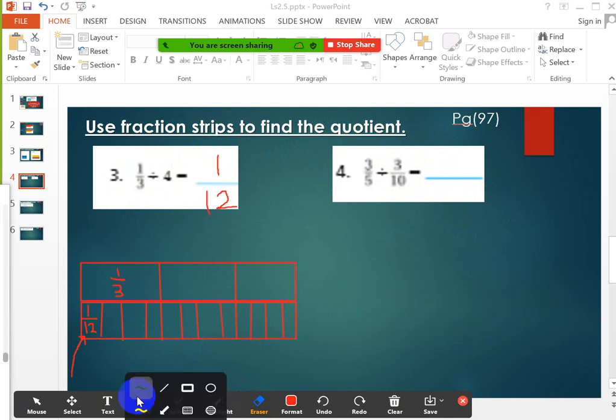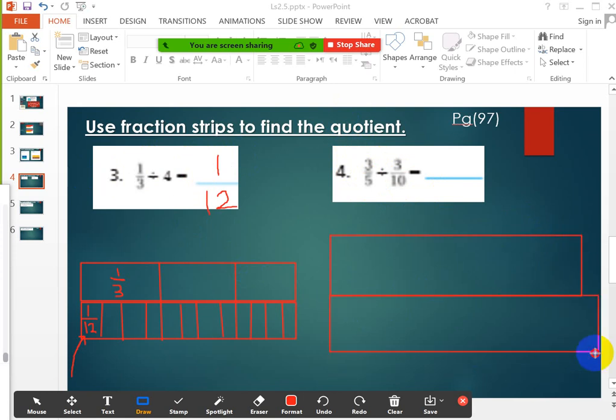Okay, 3 over 5 divided by 3 over 10. Girls, I want you to focus. I think dividing a fraction by a whole number is easy. But you have a problem with fraction by fraction. So please focus with me now. I will draw the model.